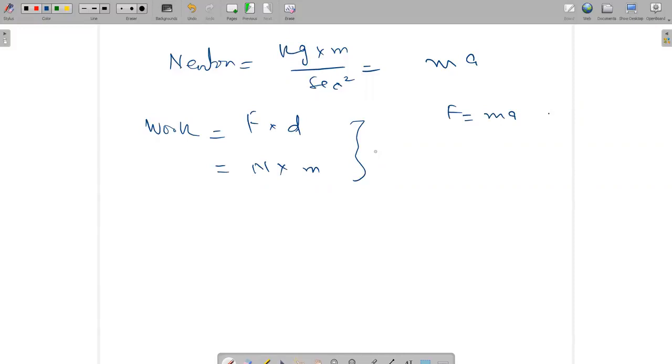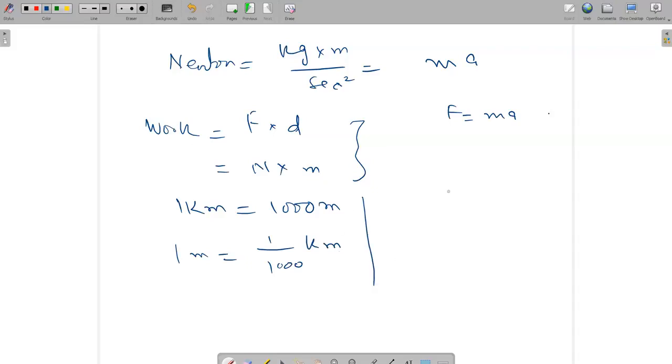Okay, so the conversion of units is very important. You know that in the previous lecture, I gave you that 1 kilometer is equal to what? 1000 meter. Okay, if you want to write 1 meter is equal to how many kilometers? You can write 1 meter is equal to 1 over 1000 kilometer.